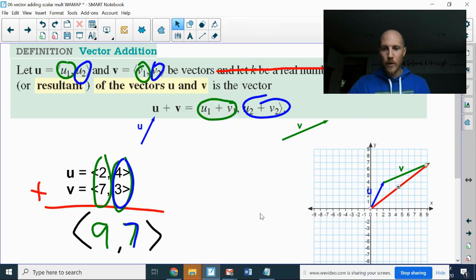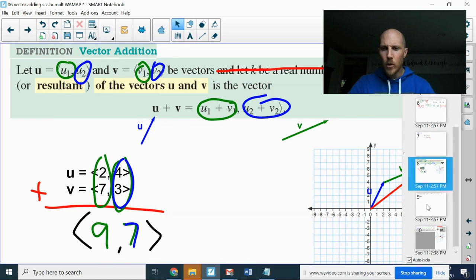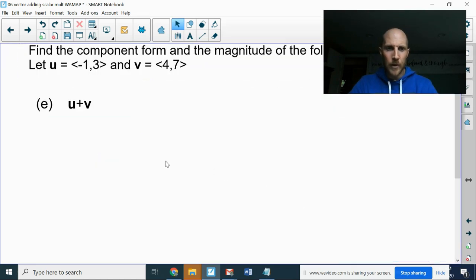Let's make it red for resultant. And so we can see on the graph, as well as what we just got from adding the components together, 9, 7. That's what the pigeon has done. The pigeon has gone 9 spaces over, 7 spaces vertically, and it's represented on the graph as well as in the components.